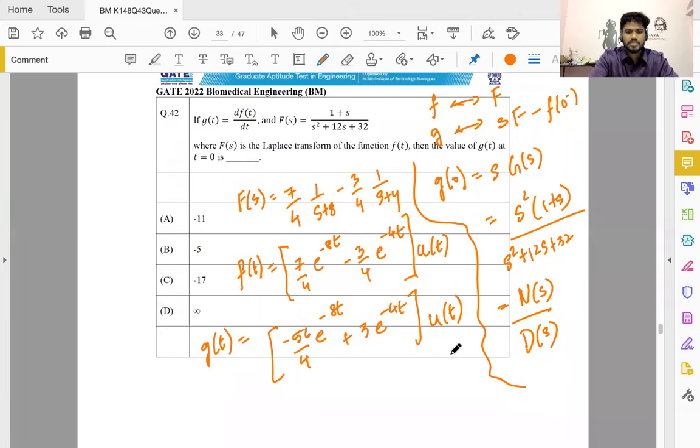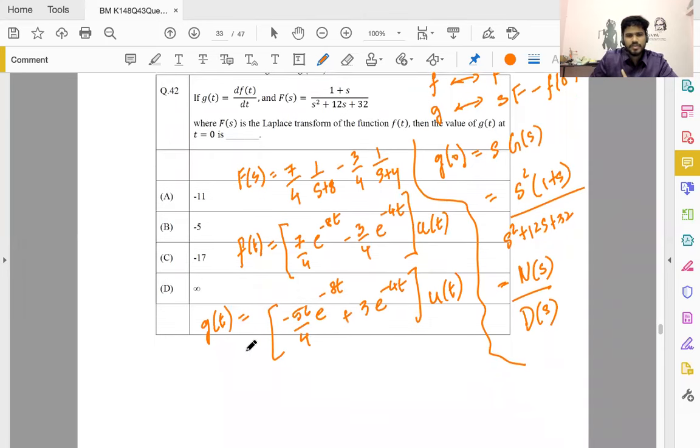That's it. So just find g of 0, you should get minus 11 at this point. Substitute t is 0, you should get 0. And if you want to be slightly correct here, this also has a derivative: 7 by 4 e power minus 8t minus 3 by 4 e power minus 4t into del of t. So this becomes this function evaluated at 0.